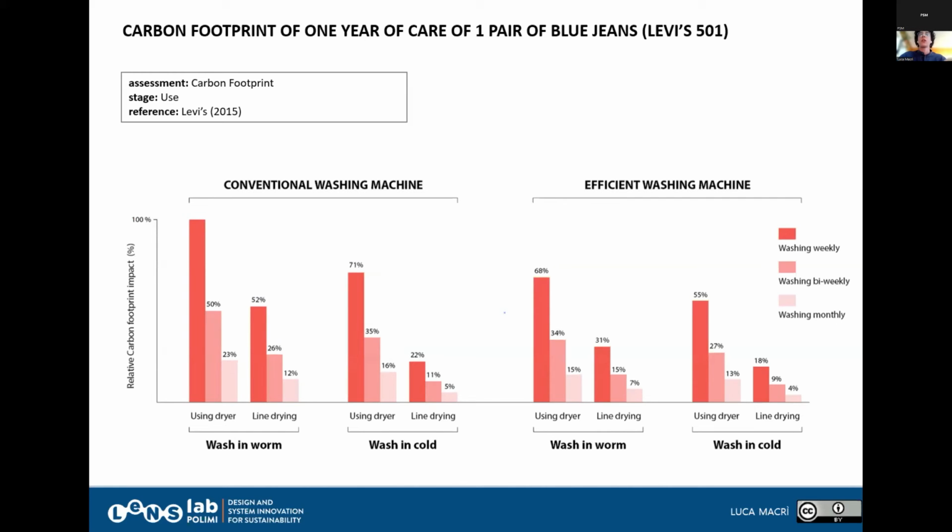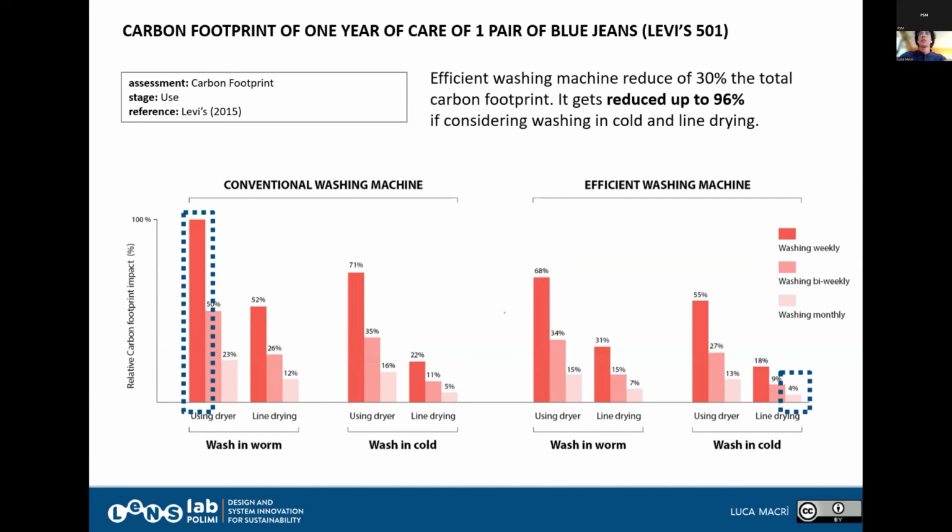So it's just carbon footprint. But again, if we go further with this evaluation, there is also a comparison with an efficient washing machine. And so you see, we saw the 30% reduction if we wash in cold. But what happens if we always wash in cold using just line drying in relation to washing in warm or using a dryer?